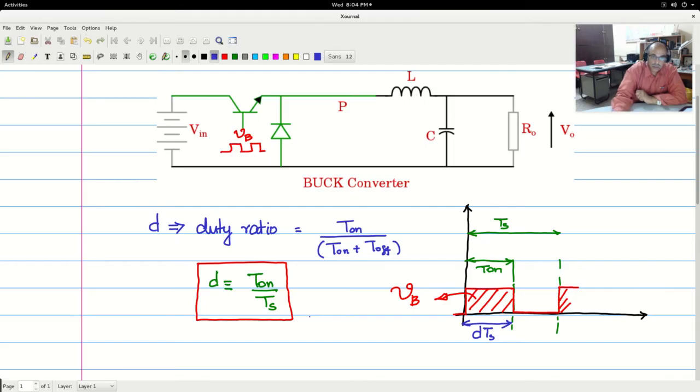From this equation which you see here, D is equal to T on by Ts, and this part of the time we will henceforth be calling 1 minus D times Ts. So total overall dTs plus 1 minus dTs will be Ts, and D is always less than 1, 0 to 1. So using this parameter D, we shall now figure out what is the input output relationship for all the three converters. Now first let us look at the buck converter.